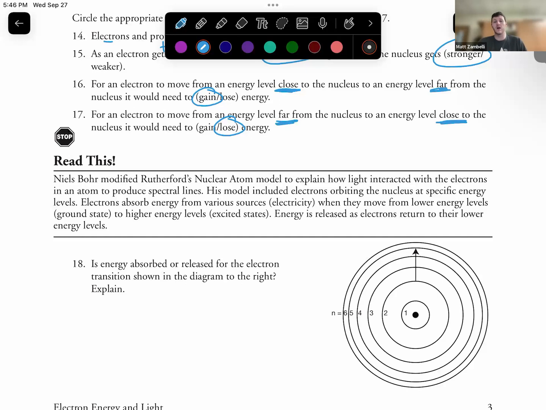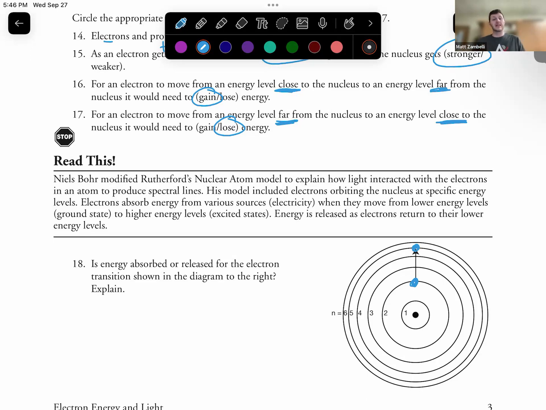And when they move from a lower energy level, like this one does, to a higher energy level, that's when they absorb or gain that energy. When the electrons release the energy, those electrons move back from that higher energy to the lower energy, called from the ground to excited, and then the excited state back to the ground state.